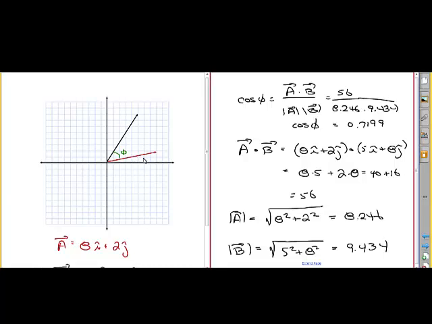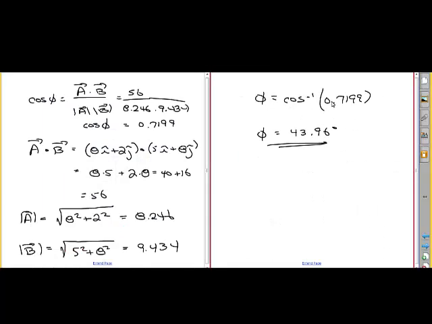So for any two vectors in 2- or 3-dimensional space, you can find the angle between them by solving for the cosine of phi, doing the dot product, getting a scalar, doing the magnitudes, which are scalars. Everything is scalar, so you get the cosine of phi, which is a scalar. You take the inverse cosine of that, and you get the angle. Super cool.